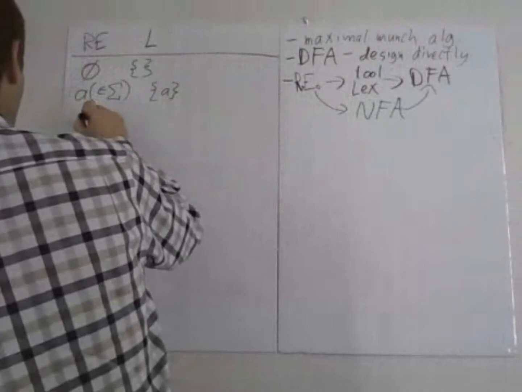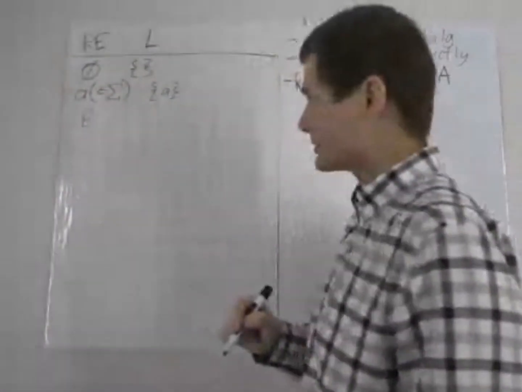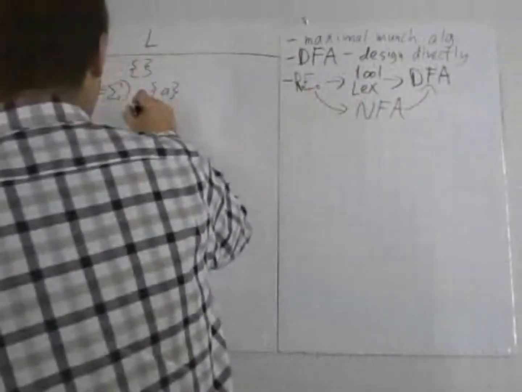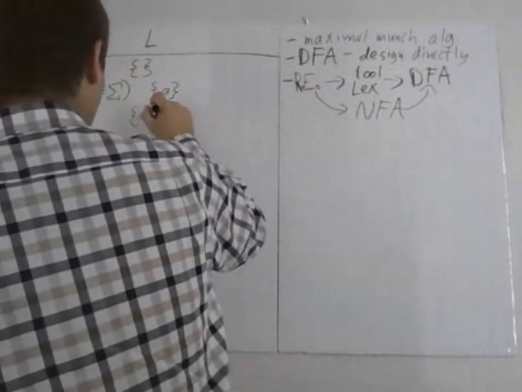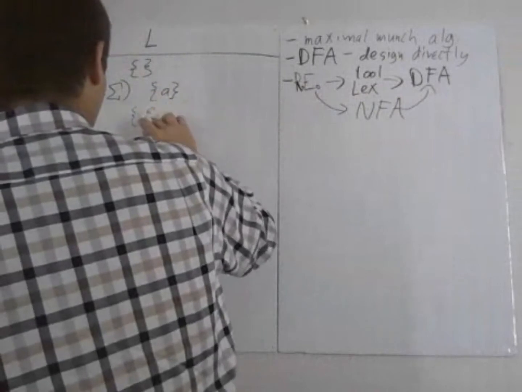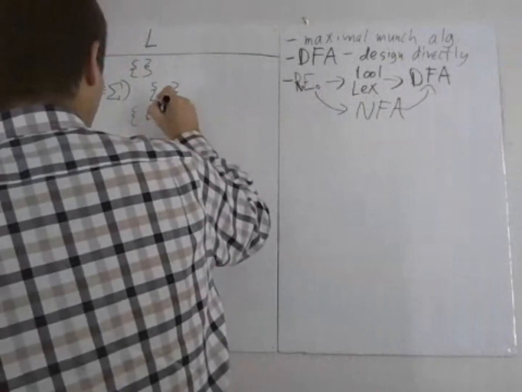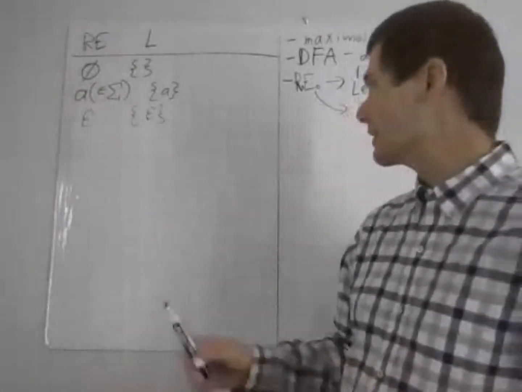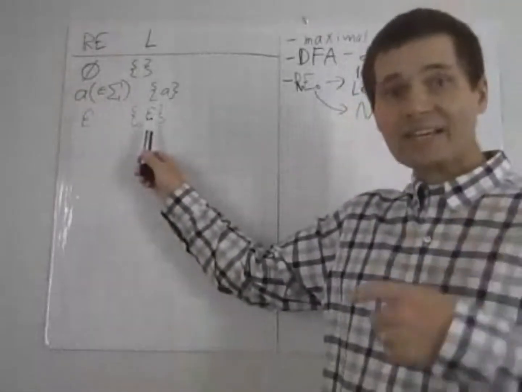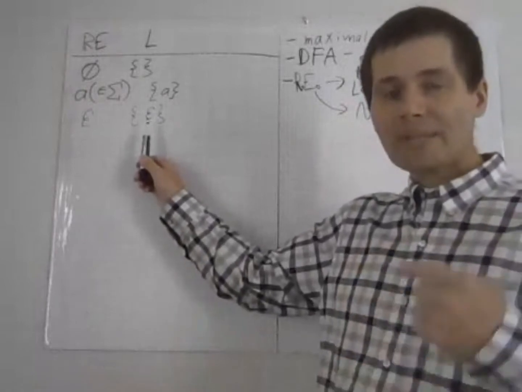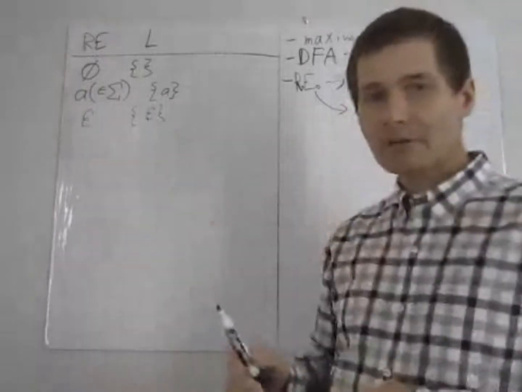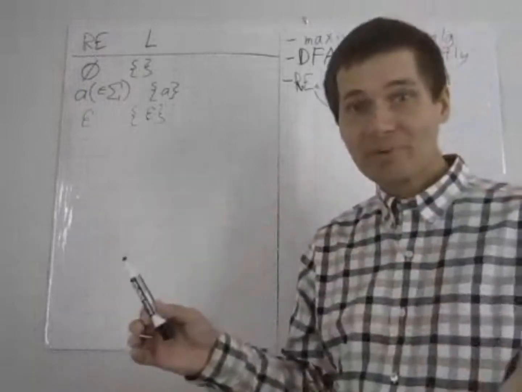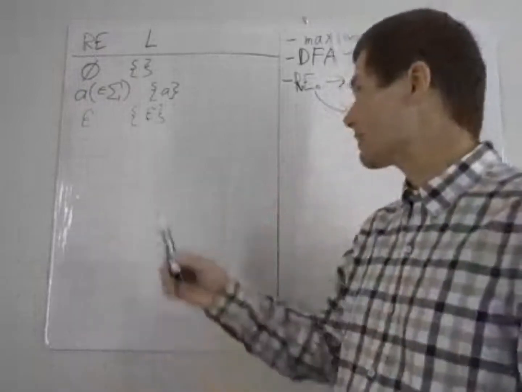And then, the special symbol epsilon, that's not an alphabet symbol, is also a valid regular expression. And it represents a set of words. It's a set that has one word in it, but that word is the empty word. And the empty word is hard to see because it doesn't have any symbols.